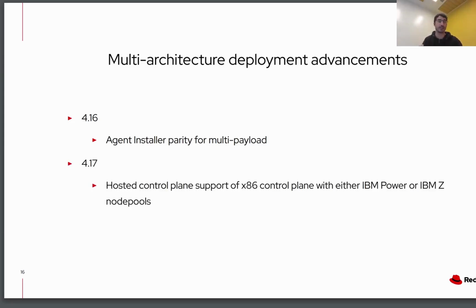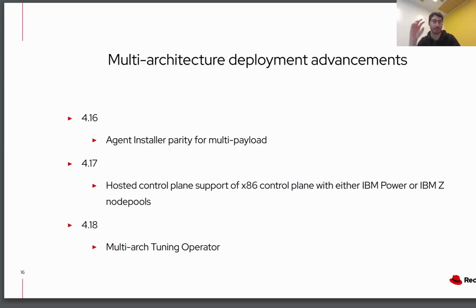And then in 4.17, we also added the hosted control planes on x86, where basically you have the hosted control plane on x86, and then you manage full clusters on Power and Z. And then in 4.18, we also have the addition of the multi-architecture tuning operator.